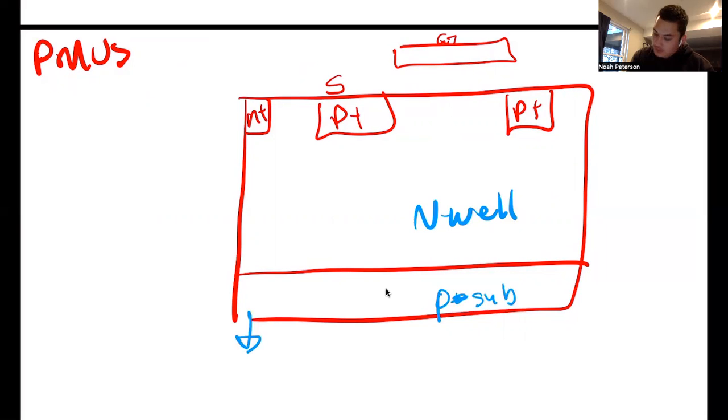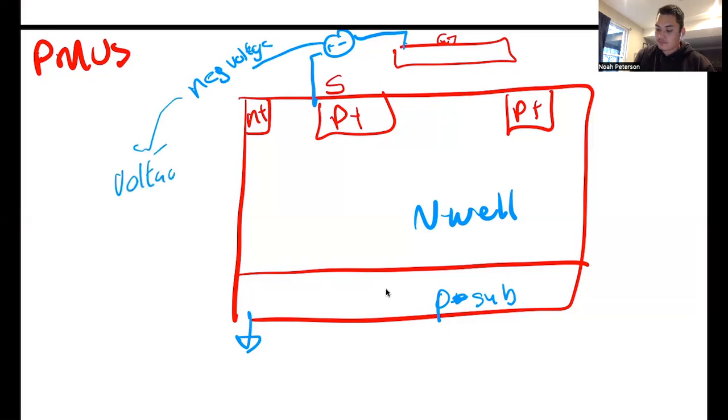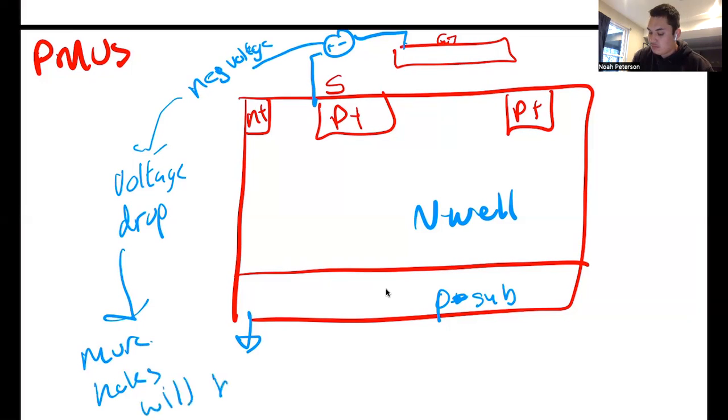With your PMOSs, you have voltage across your gate, negative side towards the gate and positive towards the source. And generally, you have some negative voltage here, creating a voltage drop, which means more holes will be formed.